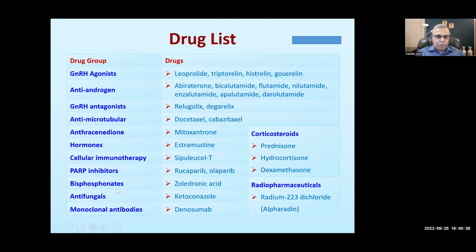Bisphosphonate for bones. We have got two types of drugs for bones, zoledronic acid and denosumab. We have done this in breast cancer as well. Ketoconazole is there. This is an antifungal drug. Corticosteroids, prednisone, and radiopharmaceuticals. Xofigo is the trade name, and it's radium-223. Okay, so this is our drug list.